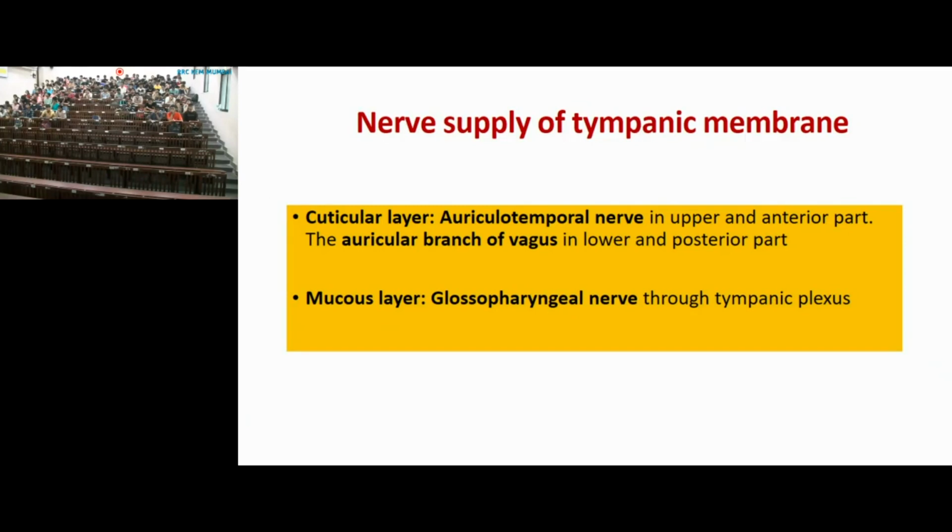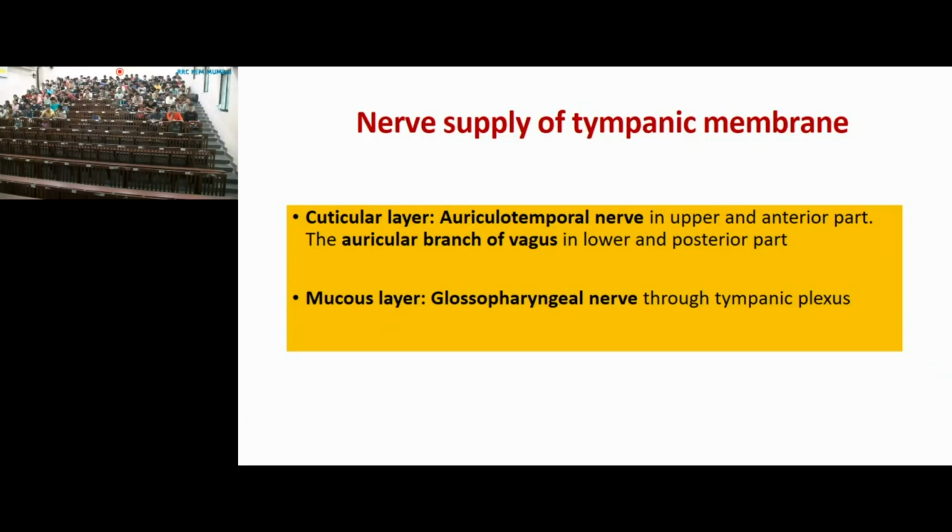The floor and posterior wall of the external auditory meatus are innervated by the auricular branch of the vagus, also called Arnold's nerve or Alderman's nerve. The same nerves supply the respective areas of the tympanic membrane also.